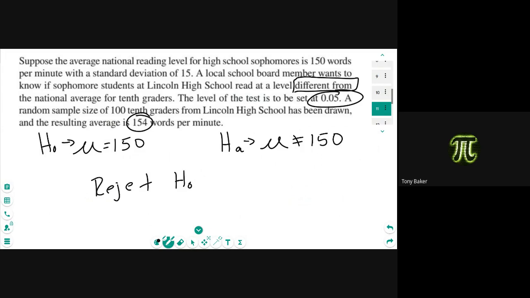If we fail to reject, we would say we cannot determine if the Lincoln High students are reading at a different level. The data doesn't support that. We're not saying they don't. We just say we can't determine that. Because you can never basically accept it is the key piece.